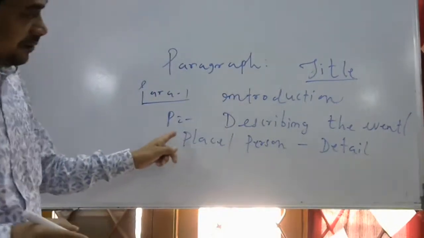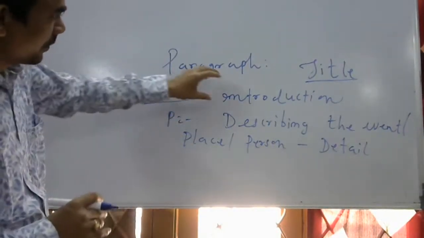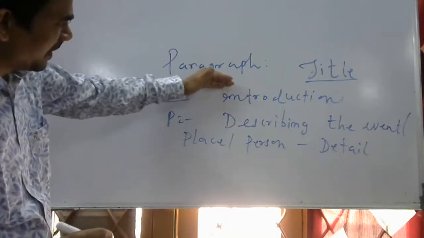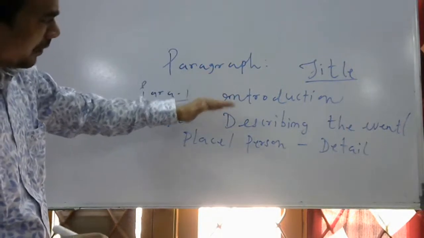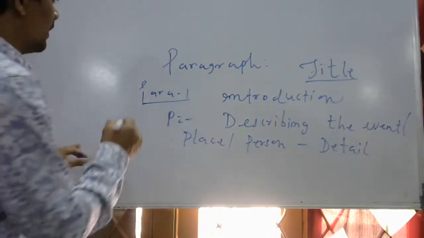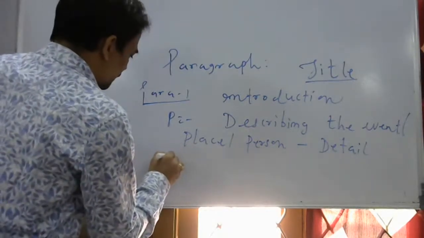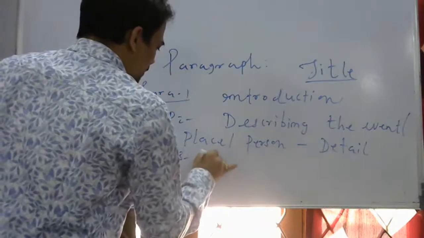This was the second point. Introduction part you are giving, but you are not mentioning in your paper that the introduction has happened. So the introduction part will come, then description of that particular event, person, or place in detail. Number three, additional information you are giving.